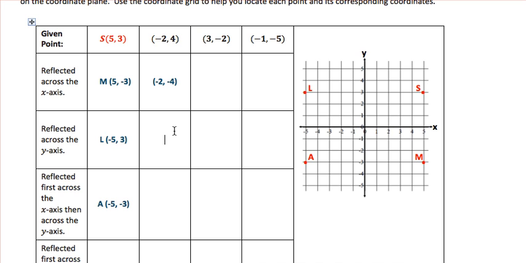Across the y-axis would be positive 2, 4. Across the x and then y-axis would be 2, negative 4. And of course the same.